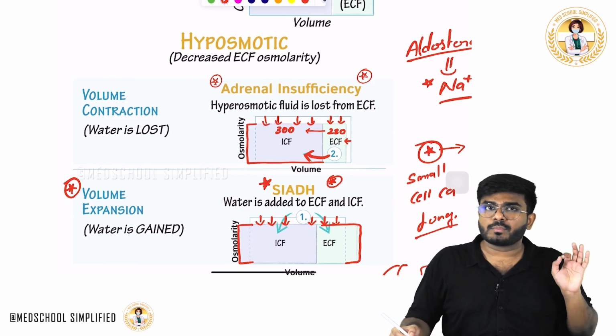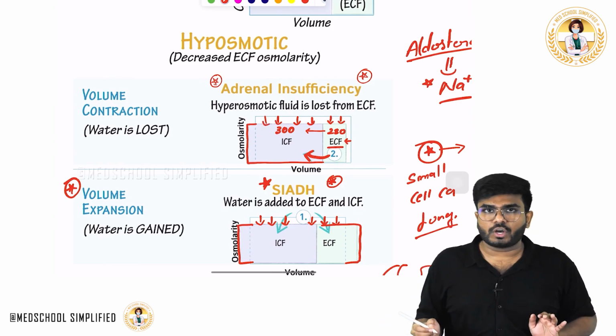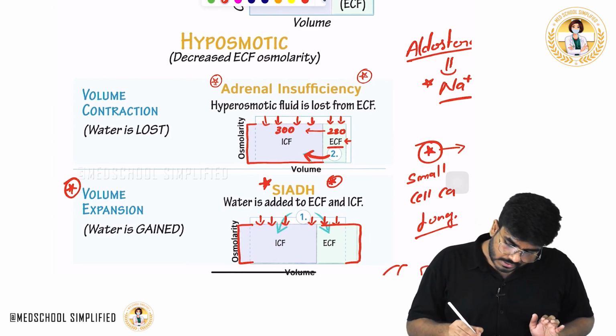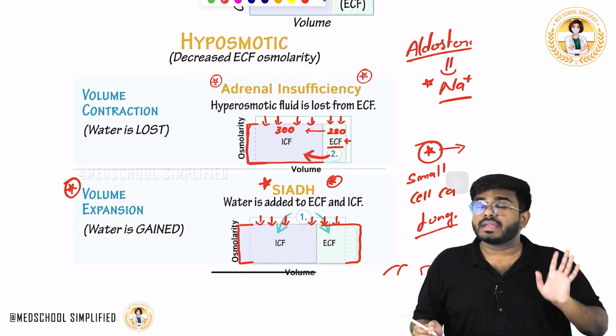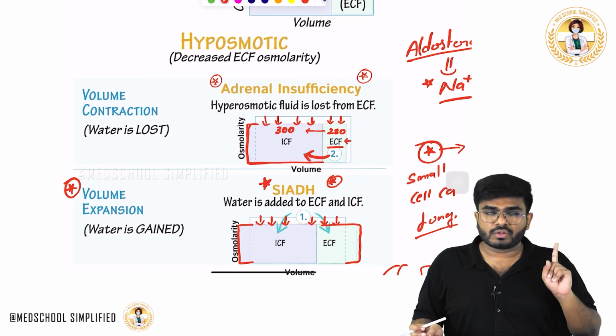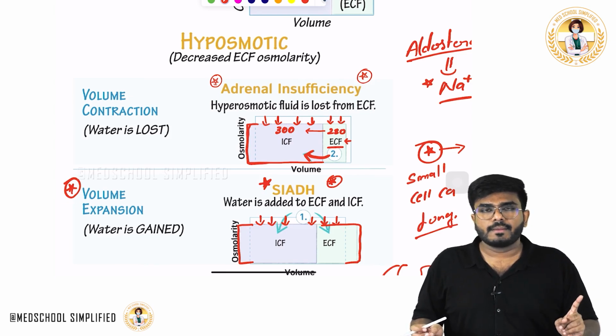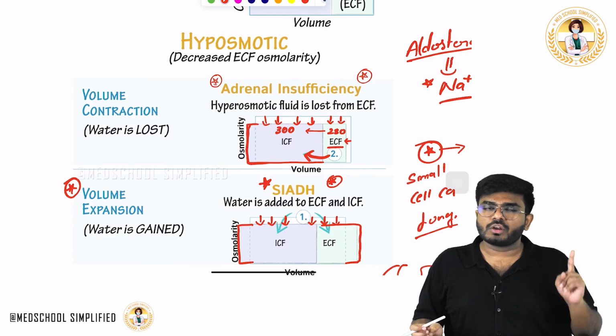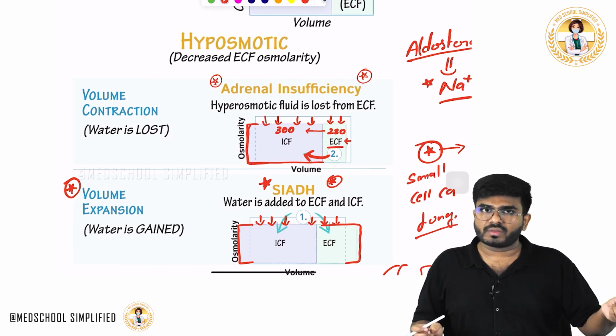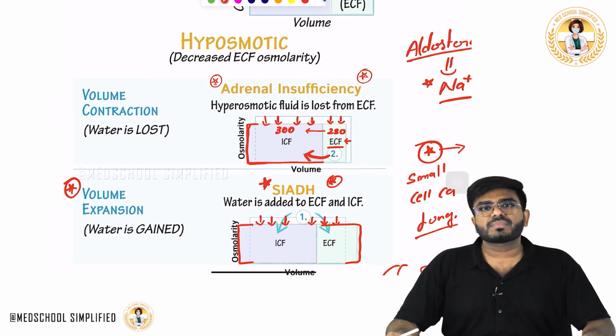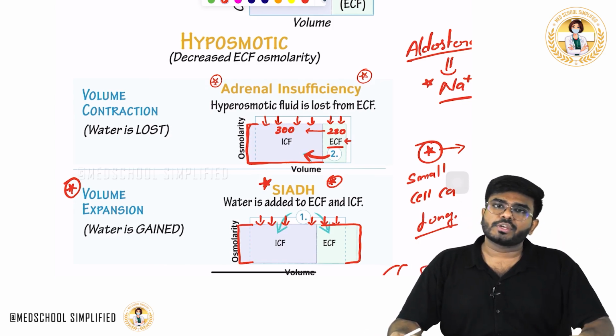If I am talking about the volume contraction, it is the extracellular fluid volume contraction. Okay, don't say, sir, intracellular fluids are increased. I am talking about the extracellular fluids. We always talk about the extracellular fluids. Okay, adrenal insufficiency, no aldosterone, no sodium reabsorption. Sodium is going to go out of the body. As you are losing more and more sodium out of the body, the osmolarity is going to come down.